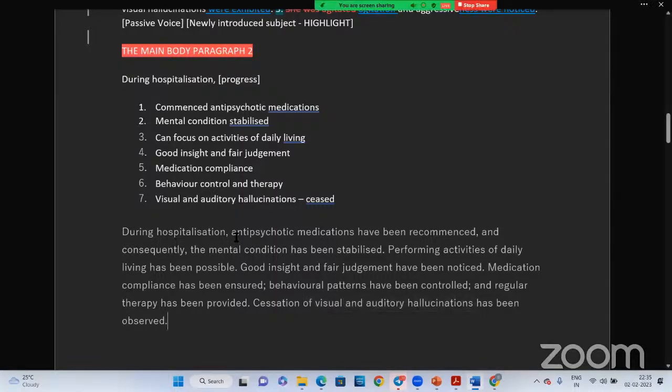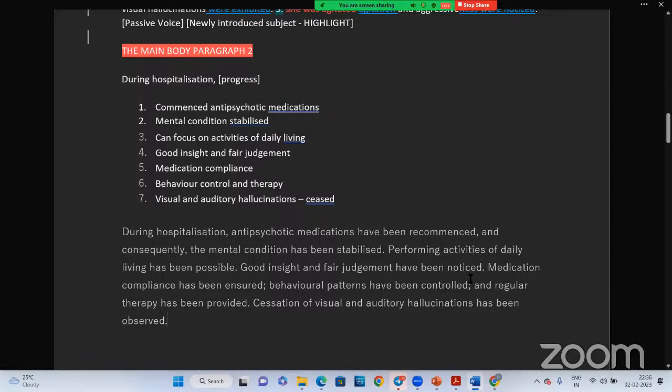So during hospitalization, antipsychotic medications have been recommenced, and consequently, the medical condition has been stabilized. Performing activities of daily living has been possible. Good insight and fair judgment have been noticed. Medication compliance has been ensured. Behavioral patterns have been controlled, and regular therapy has been provided.